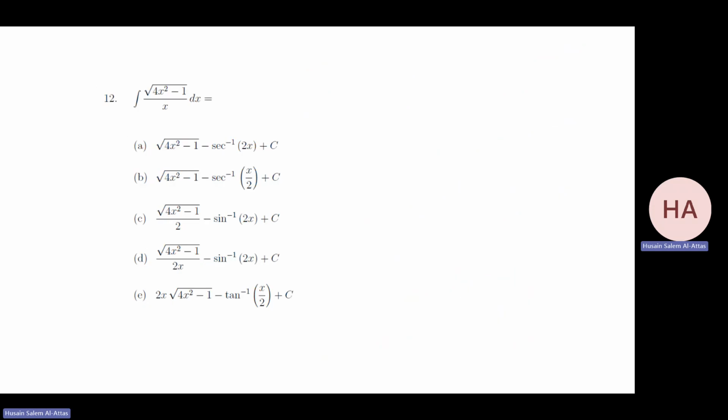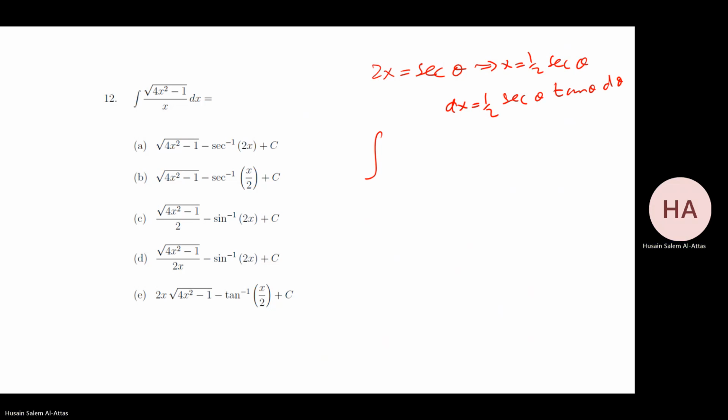Very clear, I need to use secant. So what will happen? This is 2x, so I have 2x equals secant theta. So x equals half secant theta. dx will be what? Half secant theta tan theta d theta. Plug the numbers. I have what in the numerator? 2x is secant, so secant squared minus 1, that is tan squared, that will be tan theta.